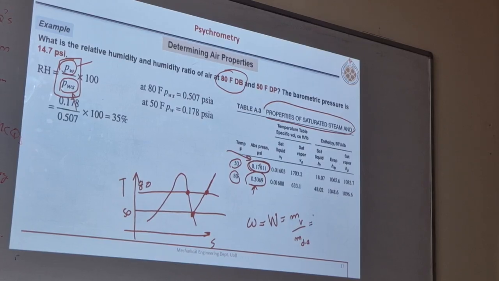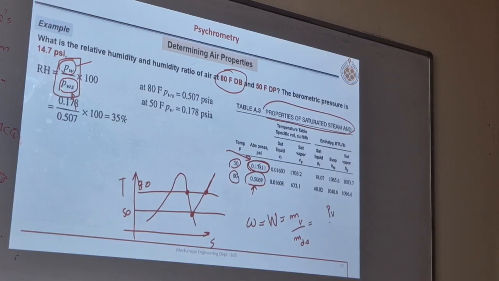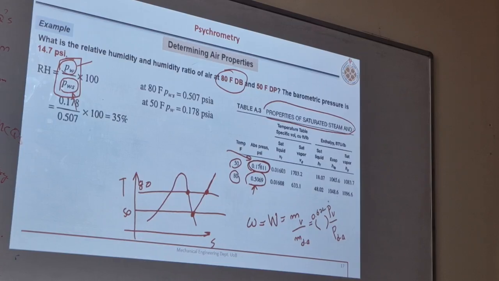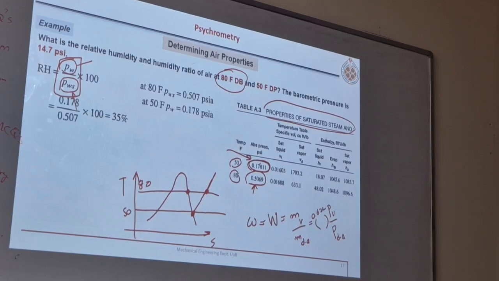Using the ideal gas equation, we can write the same thing in terms of pressures, PV over P of dry air, and here you have that ratio of R's, 0.622.